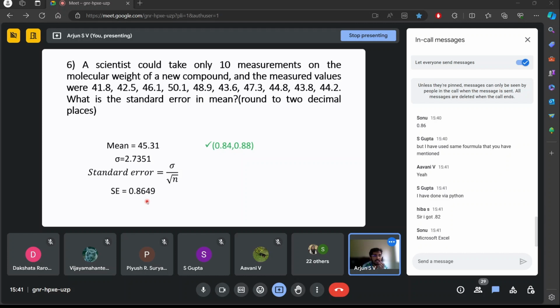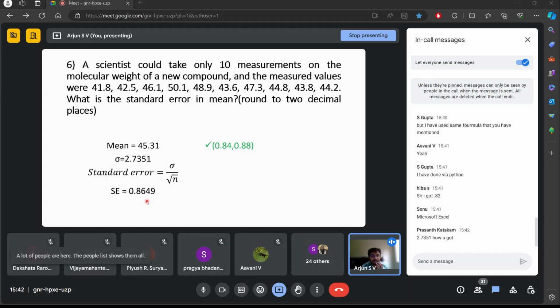Gupta and Avani, can you tell me what standard deviation you got? Because root of 10 is common, no one can make any mistake in it. Prashant, 2.7351, how did you get it? 2.7351 is the standard deviation I calculated.